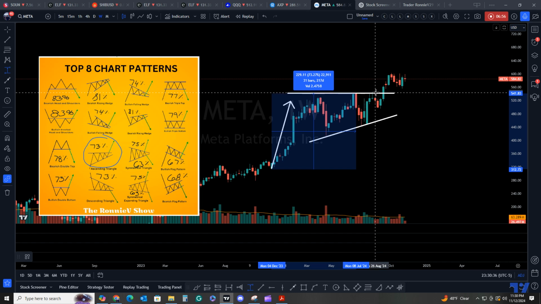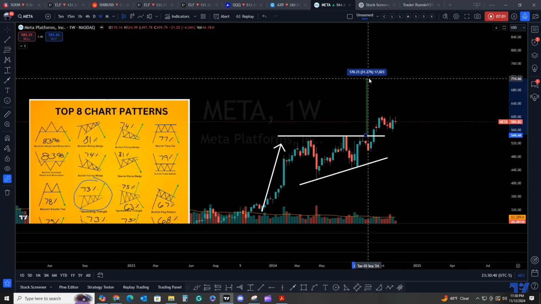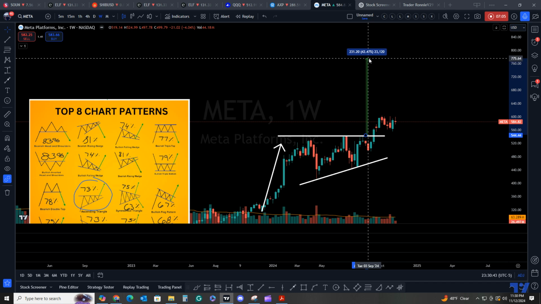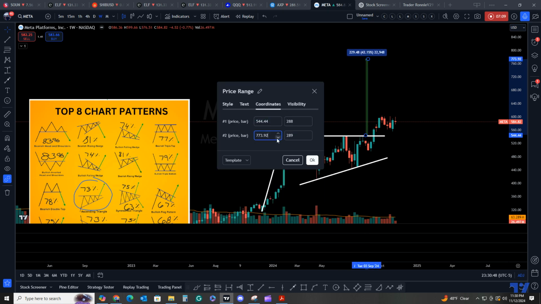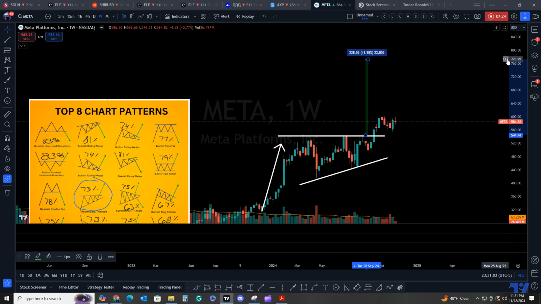Usually I go right above it, so right there, and then I draw this up to 22,911 for a price of 773.55. We're just going to go 773, make it even.